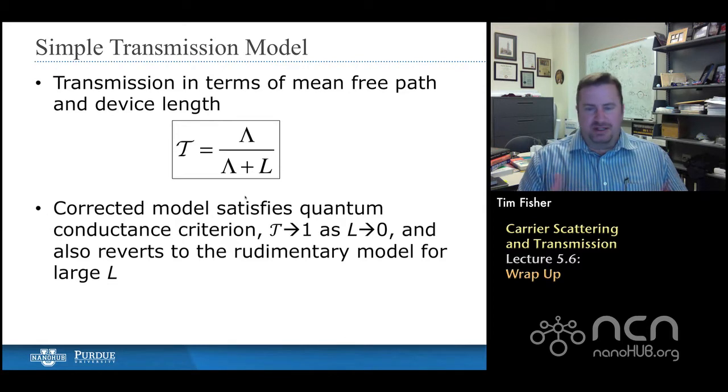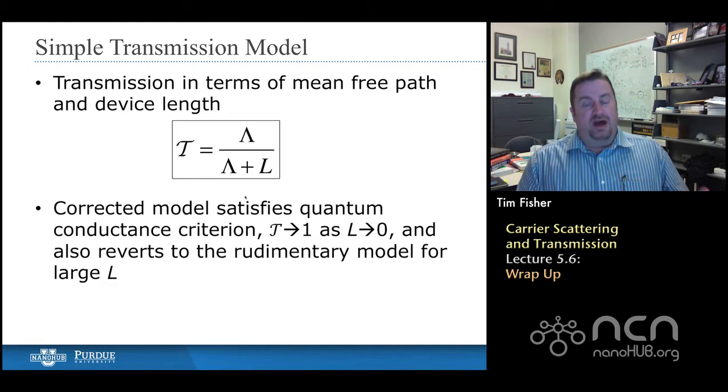So that corrected model does the right things. It says that as the device shrinks down to nothing, basically length of 0, we get a transmission function of 1. And then if we have a very long device where we have diffusive transport, then the transmission function is really the ratio of the mean free path to the length of the device.